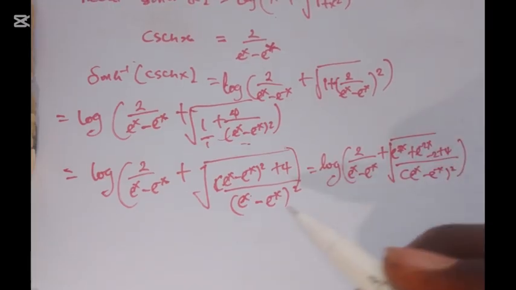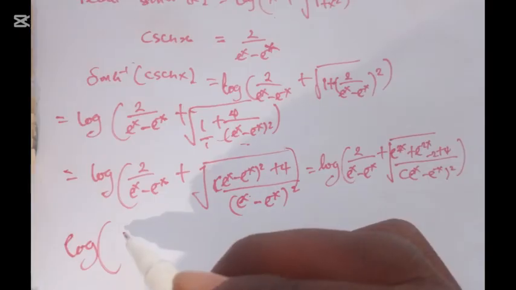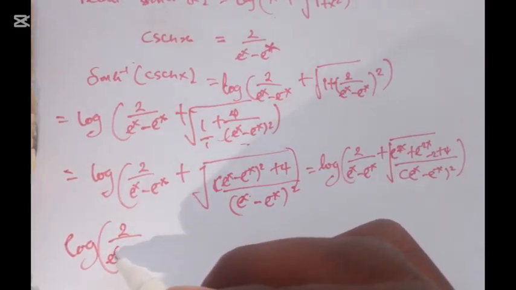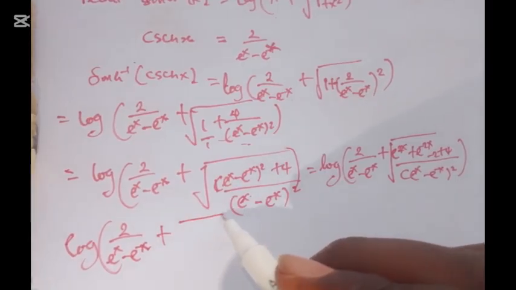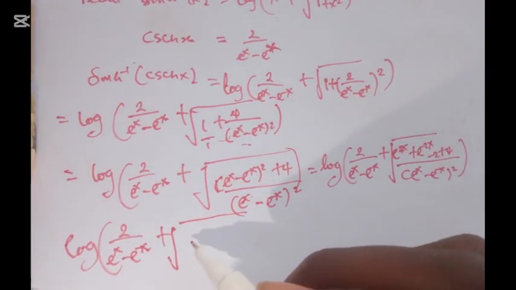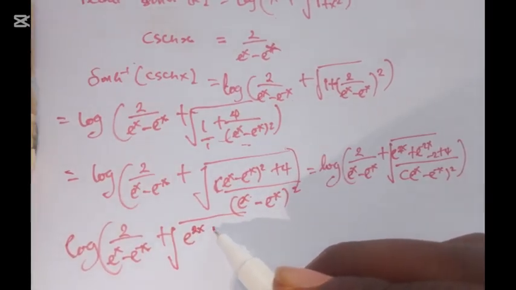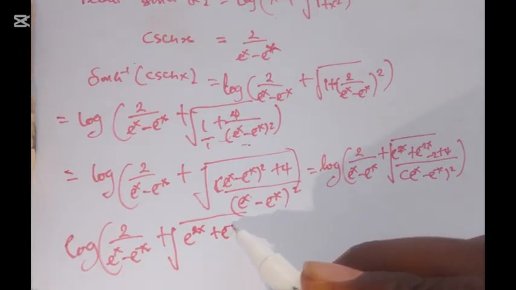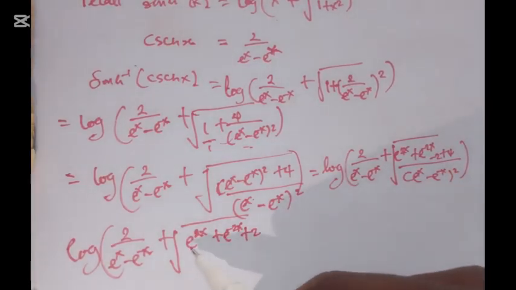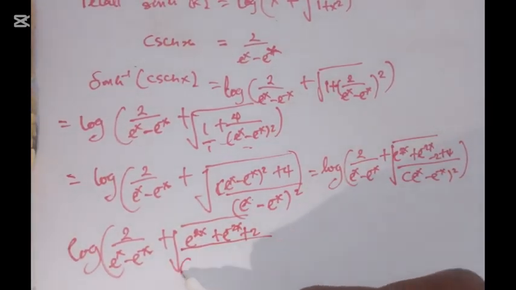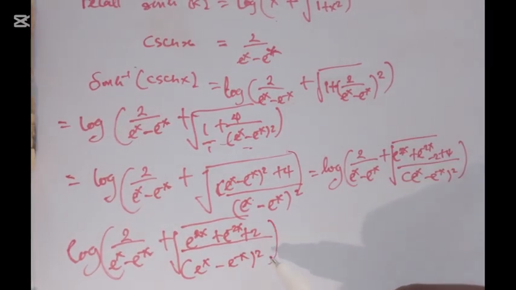Now negative 2 plus 4 will give us 2, so we have exponential 2x plus exponential negative 2x plus 2, then everything over exponential x minus exponential negative x to the second power.